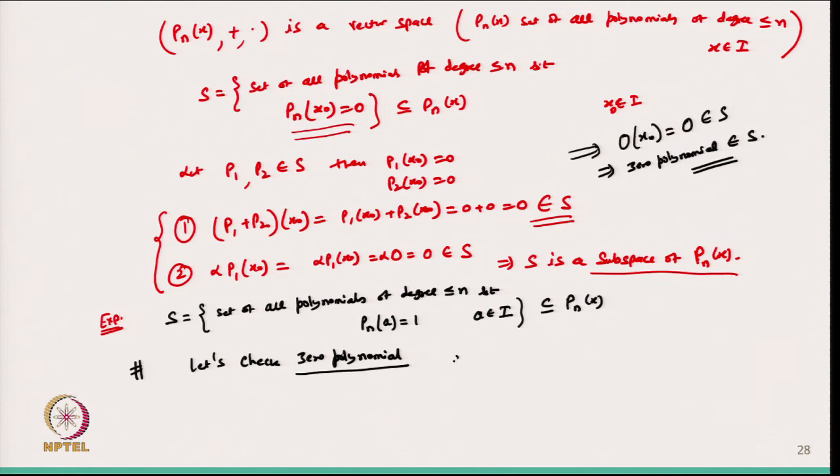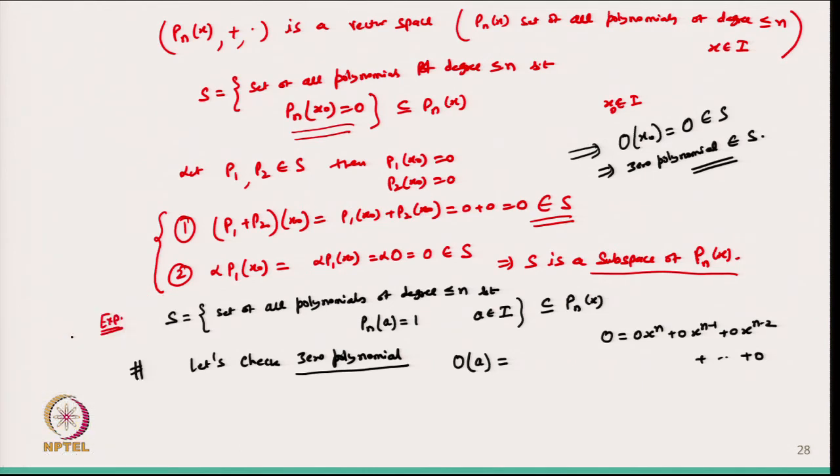I know that the 0 polynomial is the polynomial whose coefficients are all 0. So, I am taking that and finding its value at A. So, the 0 polynomial means 0 x^n, 0 x^(n-1), 0 x^(n-2), up to 0 x^0, that is it.